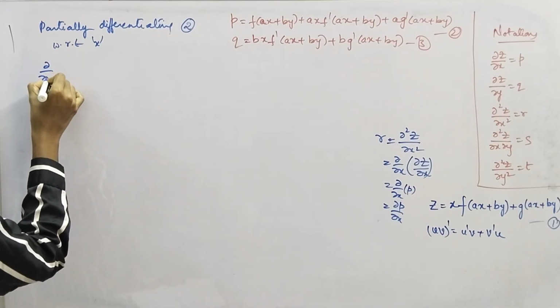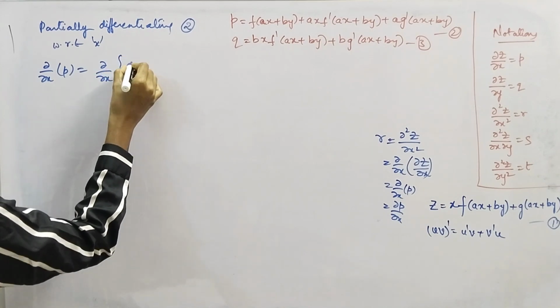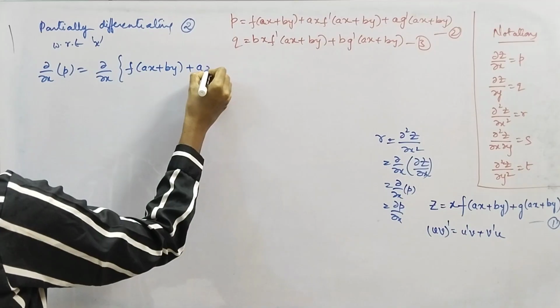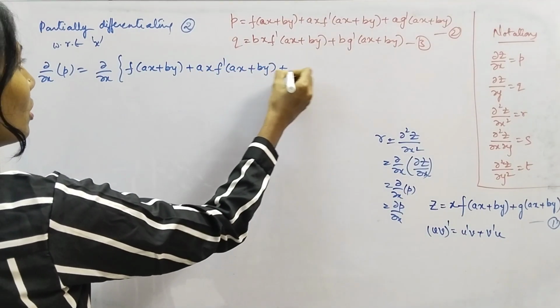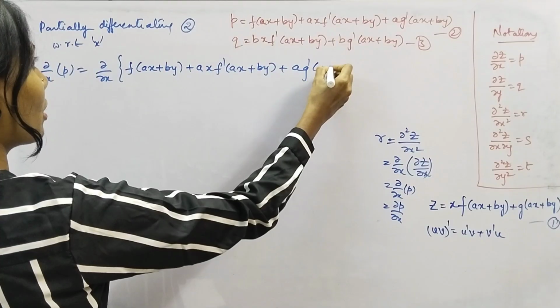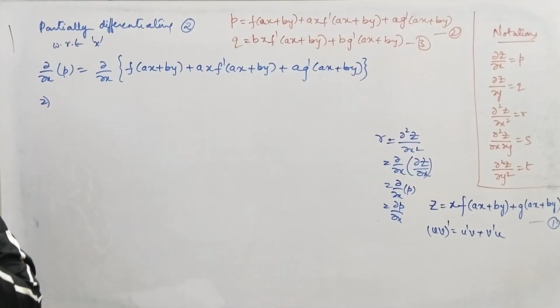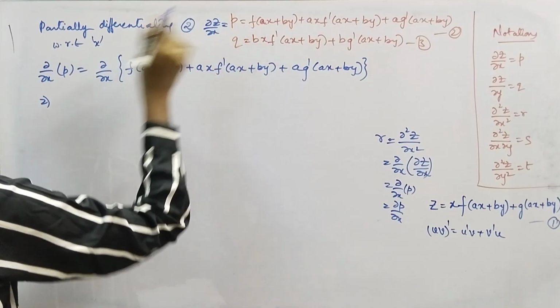We'll get dou by dou x of p equal to dou by dou x of f of ax plus by plus a into x into f dash of ax plus by plus a into g dash of ax plus by, right? This gives us dou p by dou x. You can write p or you can write dou z by dou x instead of p.